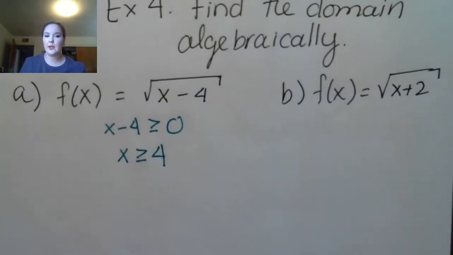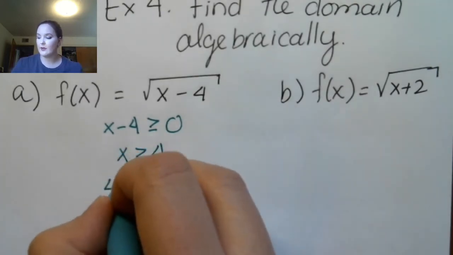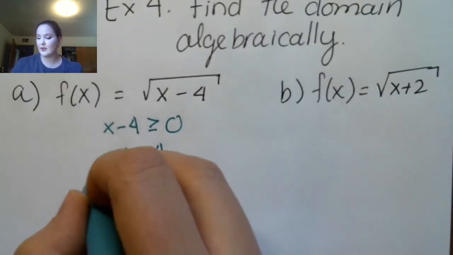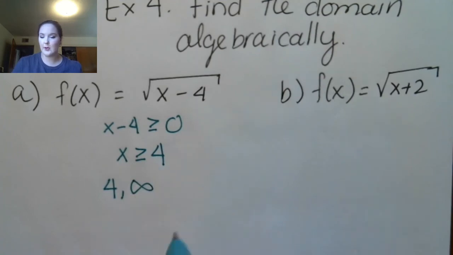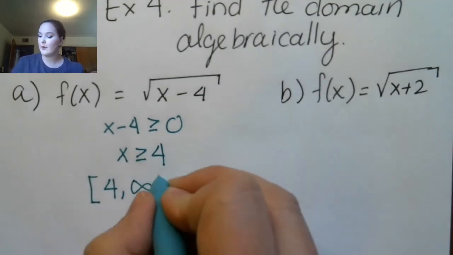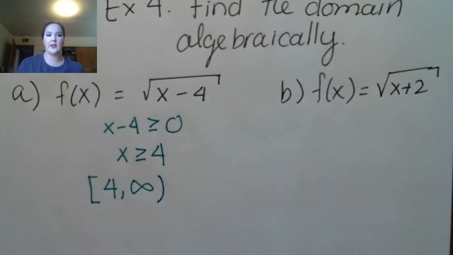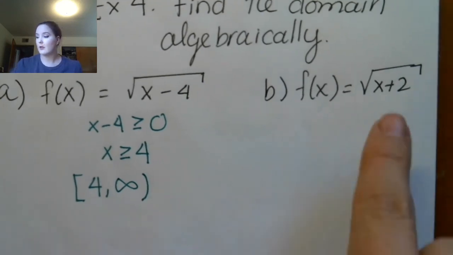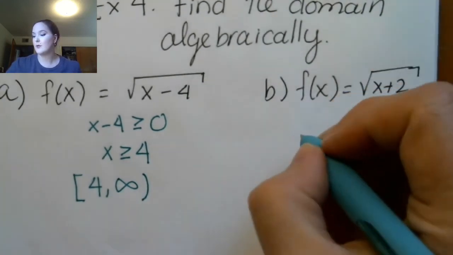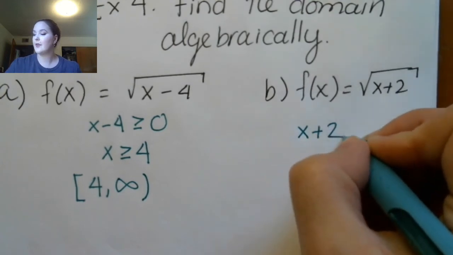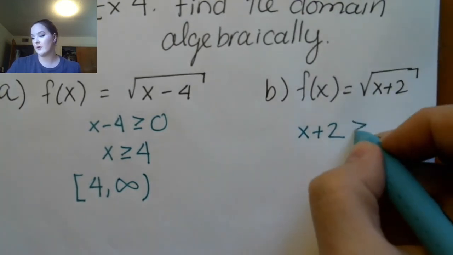Then we can write this as an interval, 4 to infinity. Because it's greater than or equal to, we're going to include 4, and we always use parentheses with infinity. We're going to use the same idea for part B. We want the inside part, which is x plus 2, to be greater than or equal to 0.